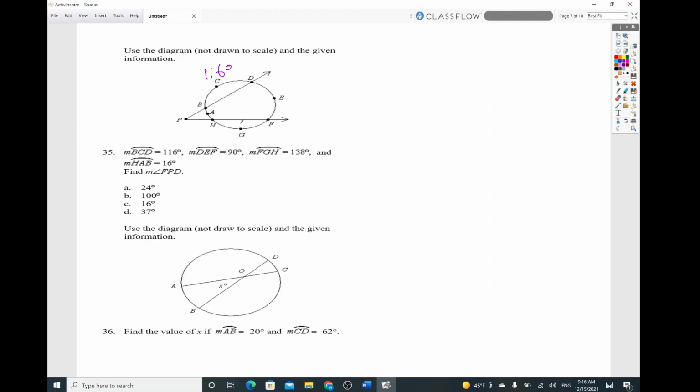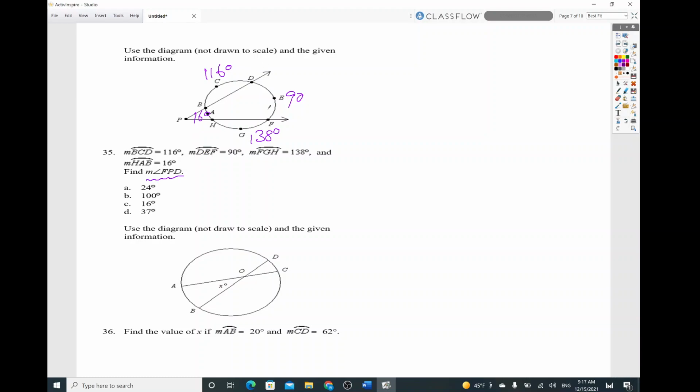The measure of DEF is 90 degrees. And then FGH, 138 degrees. And HAB, this one is 16 degrees. Once you add them all together, the total is 360. So find the measure of angle FPD.